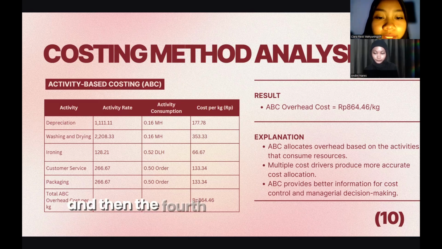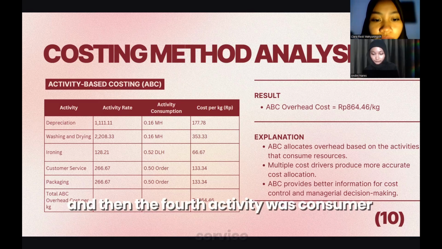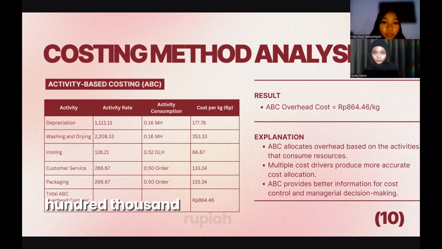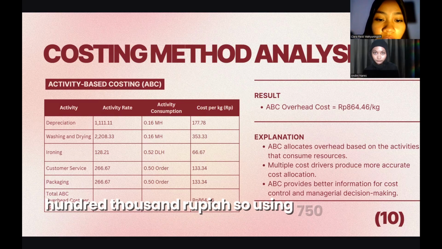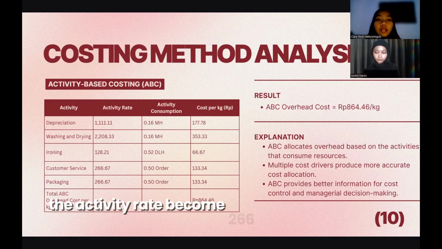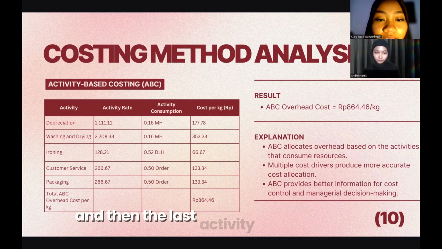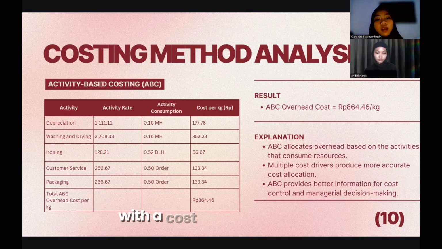The fourth activity was customer service with a cost of 200,000 rupiah. Using 750 customer orders, the activity rate became 266.67 rupiah per order. And the last activity was packaging with a cost of 200,000 rupiah.